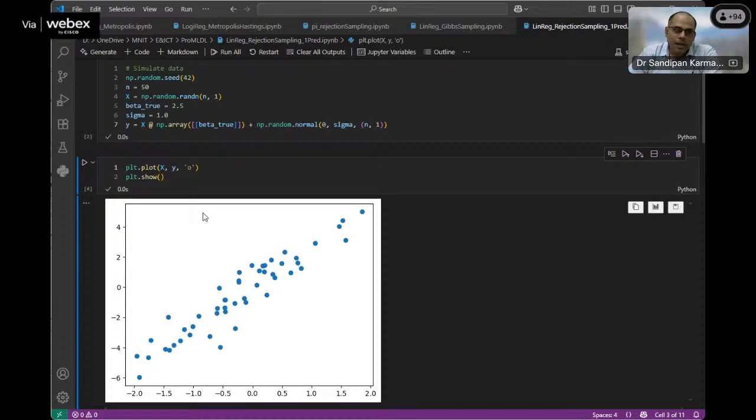There is a positive relationship. The slope is positive.